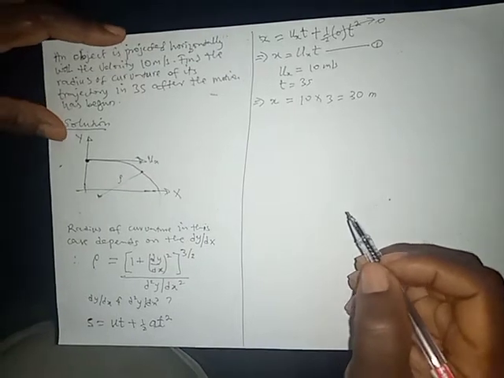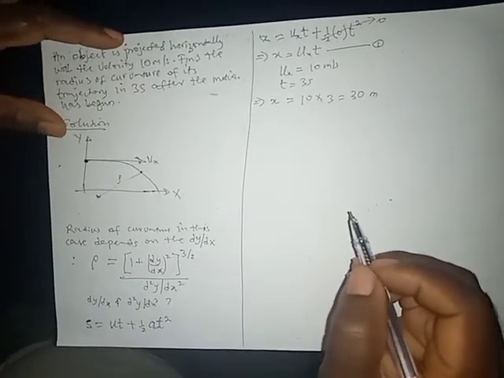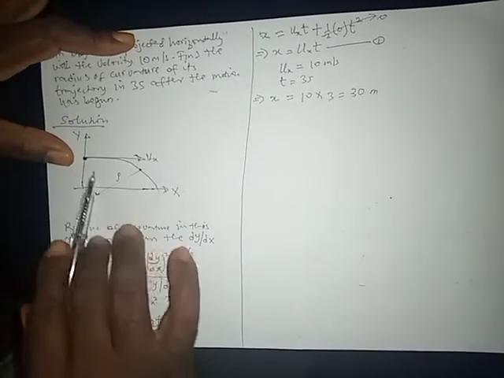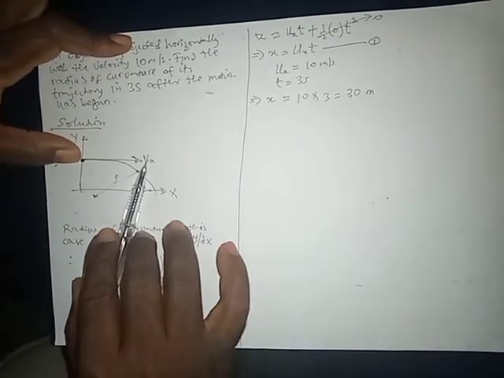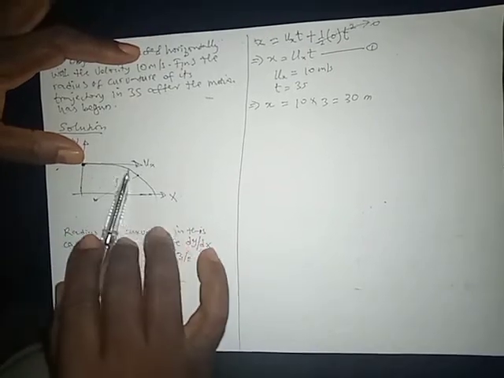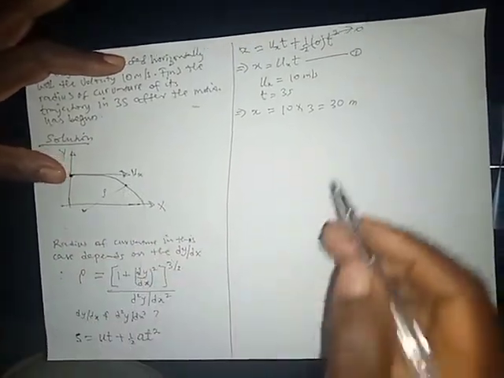We do the same thing for the vertical components of the motion, because it's a projectile. Though initially it is projected along the horizontal, over time it has vertical component and horizontal component.